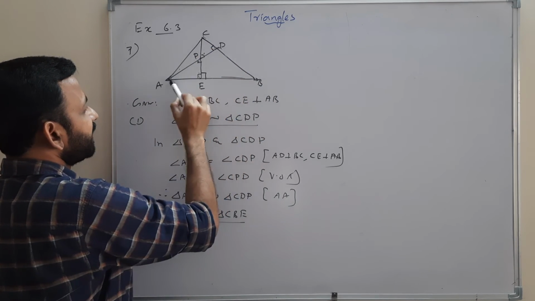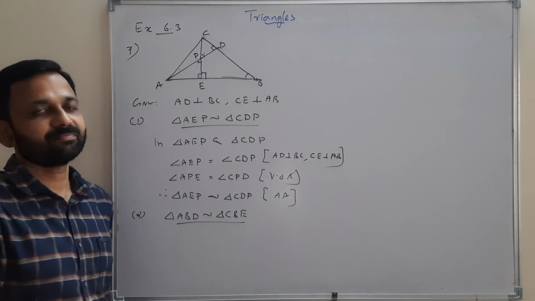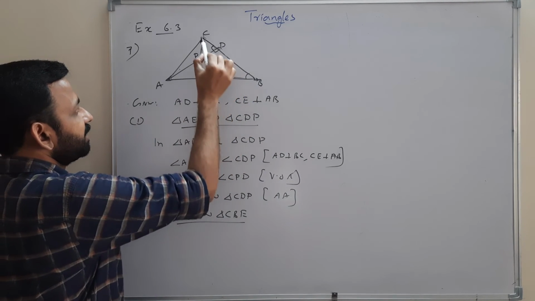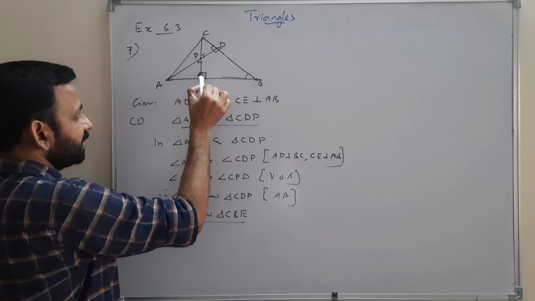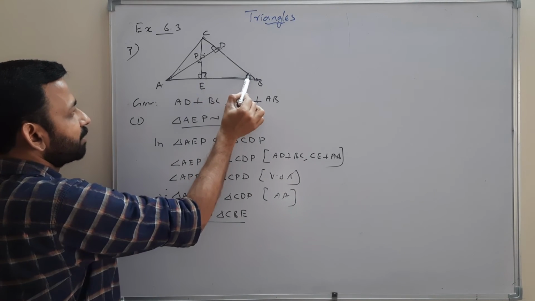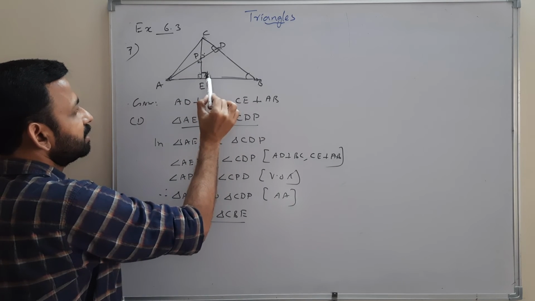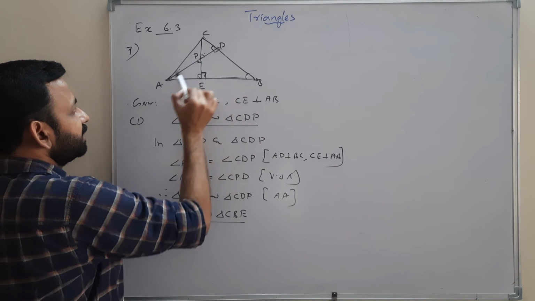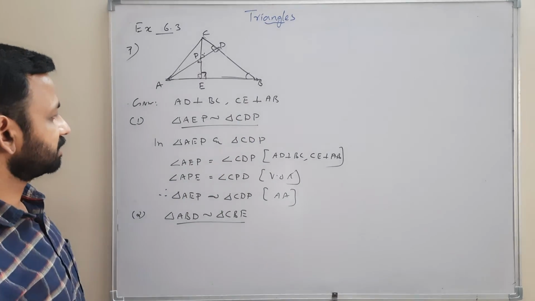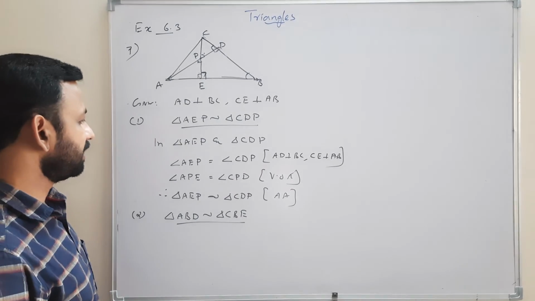When we take triangle ABD and triangle CBE, angle B is common. In triangle ABD it is 90 degrees, in triangle CBE it is 90 degrees. Angle B of this triangle equals angle B of this one, and then 90 degrees and 90 degrees. So two angles are equal, and they are similar by the AA theorem.